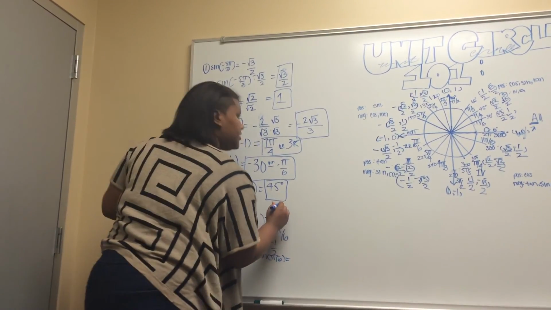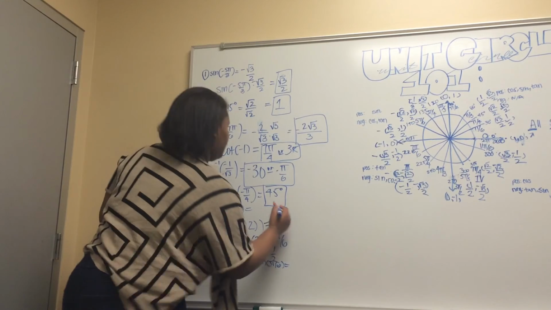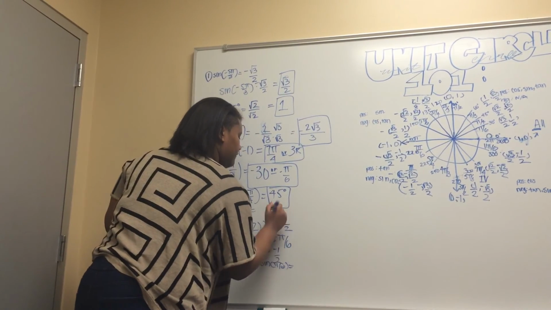So then your answer from the unit circle will be negative 1/2.